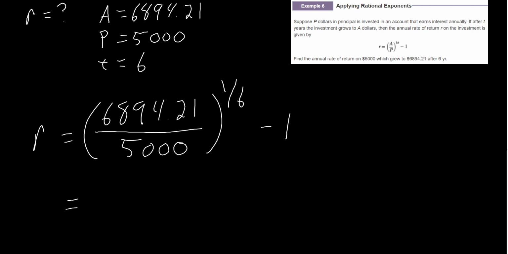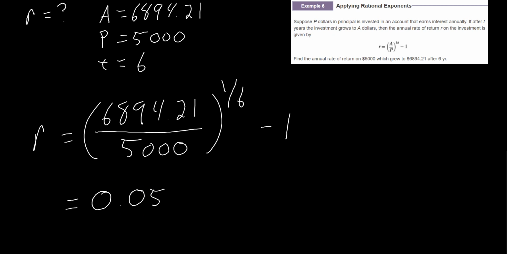Okay, so 6894.21 over 5,000 raised to the 1/6 power. Raising this to the 1/6 power and then subtracting 1, I get 0.05.